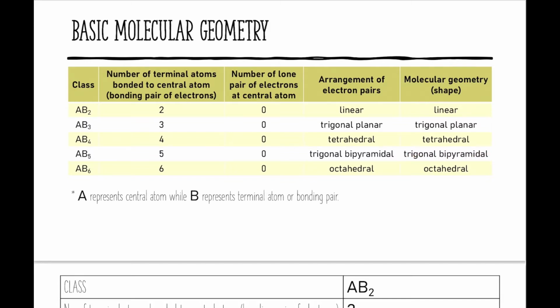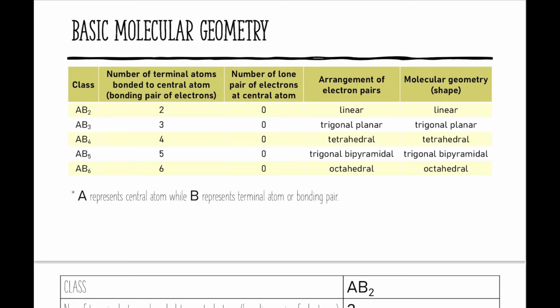And the last one is AB6 with 6 bonding pairs of electrons at the central atom with no lone pair at all. So the electron pairs will arrange themselves in an octahedral arrangement. Therefore, the molecule will have a molecular geometry of octahedral. Remember that A represents the central atom while B represents terminal atom or bonding pairs.